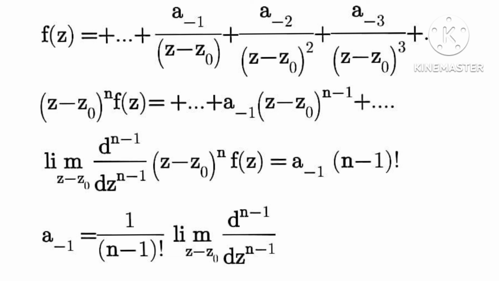Then we differentiate. Now if you have to differentiate 6z squared, differentiating 6z squared will give us 3 factorial. So similarly, differentiating the power of n minus 1 will also give us n minus 1 factorial. Then we take our limits, then we have our residue at ordinary pole to be given as 1 over n minus 1 factorial, the limit of z to z naught, d to the n minus 1 over dz to the n minus 1. Thank you.